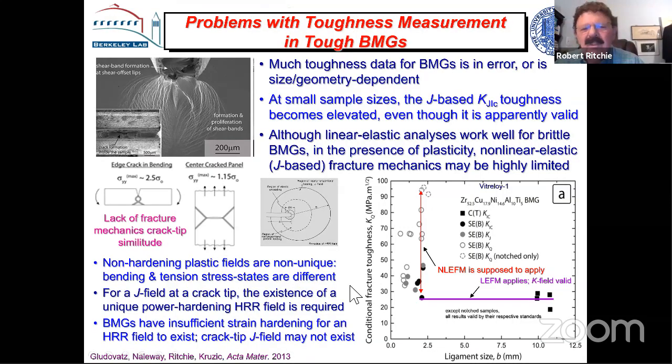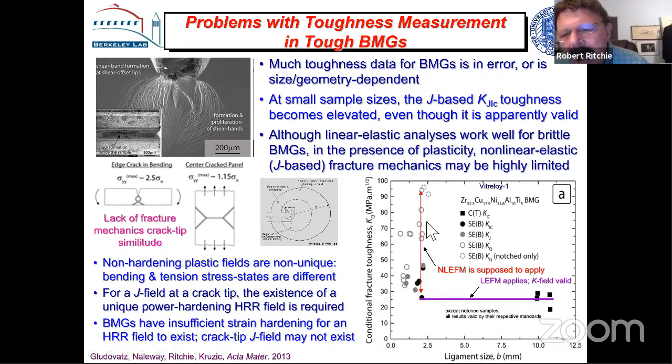So we looked at this in some detail, with Jay Kruzik and Bernd Gludowatz, who was my postdoc, and Jay was my former postdoc. We plotted the fracture toughness as a function of the size of the sample, mainly the ligament size. We found that while we were in the linear elastic fracture mechanics regime, where we had a ligament that was large compared to any plastic zone, we got pretty well uniform properties.